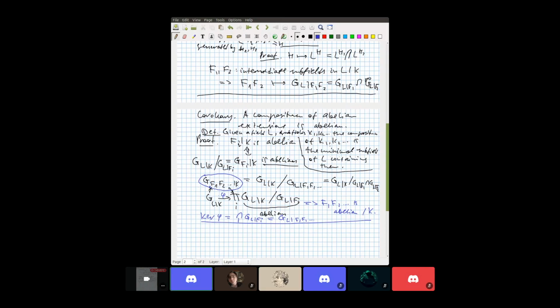So this is a surjection. Okay, and its kernel, let me just call this pi, just the projection. And the claim is that the kernel of pi coincides with the kernel of phi.